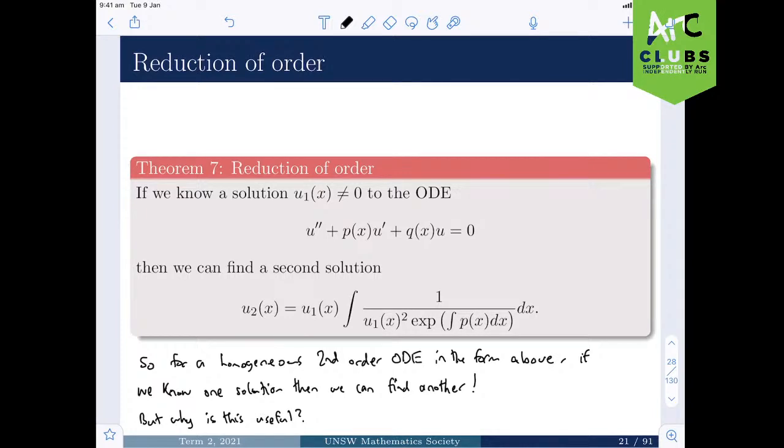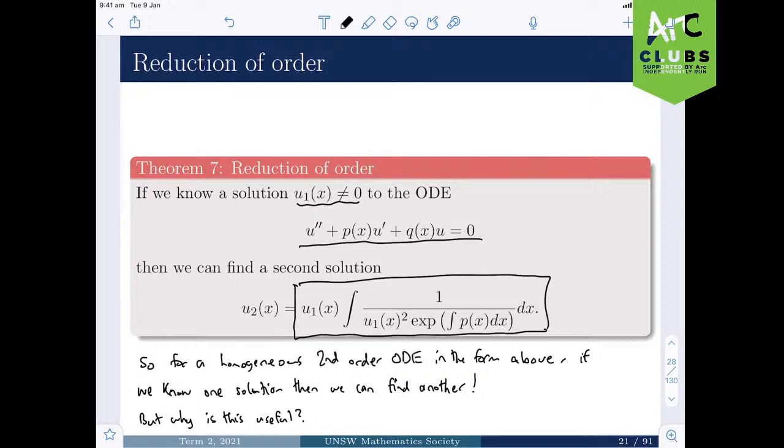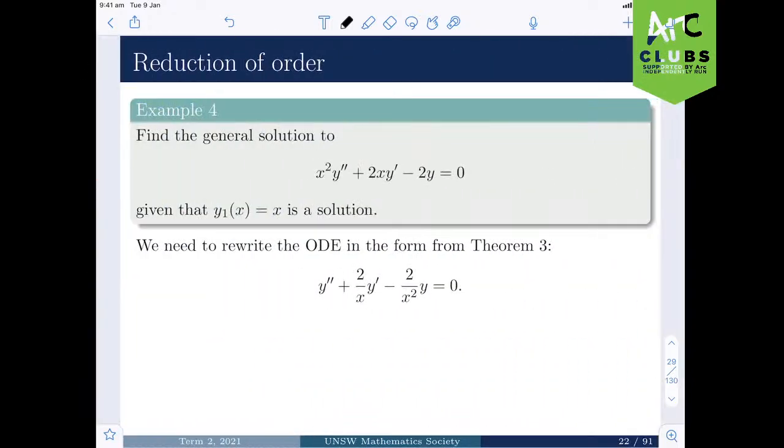If we know a non-trivial solution u1 to this homogeneous ordinary differential equation, then a second solution is given by this. I'll do an example of this.